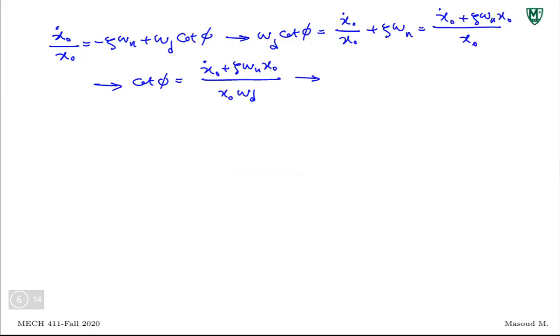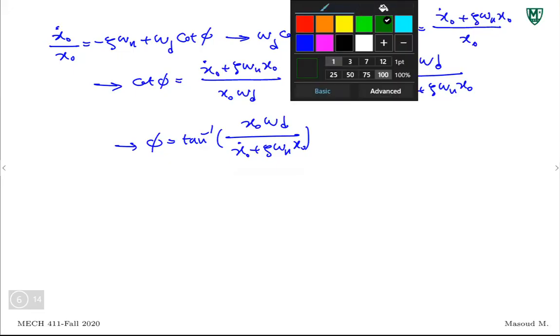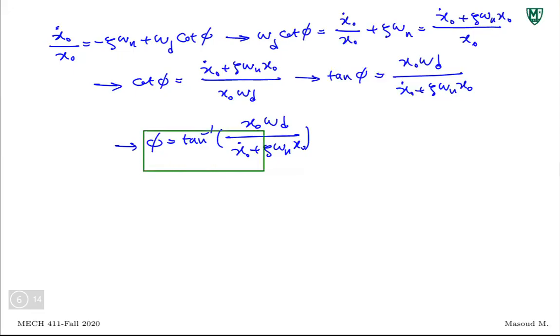If I flip everything, tangent phi would be x naught omega d over x naught dot plus zeta omega n x naught. So you can find phi here: tan inverse of x naught omega d over x naught dot plus zeta omega n x naught. So after doing all of this, here we are. This is the equation for phase.